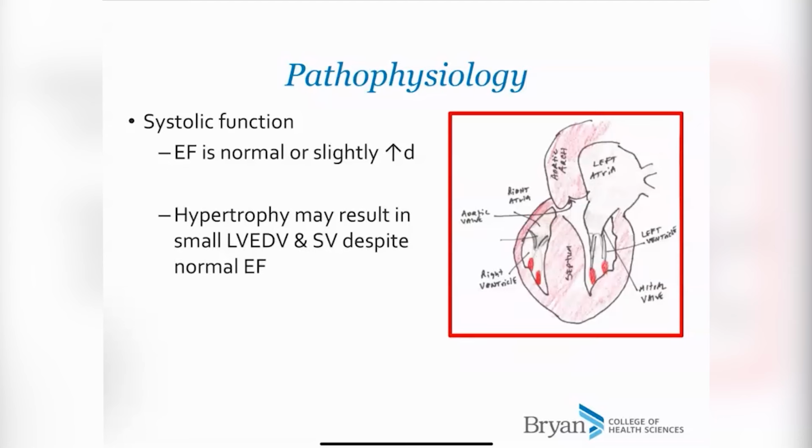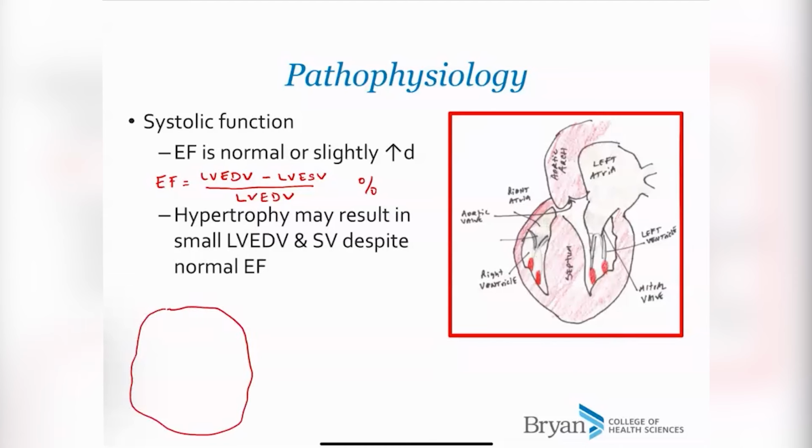If we look at the formula for ejection fraction, ejection fraction equals left ventricular end diastolic volume minus left ventricular end systolic volume, divided by left ventricular end diastolic volume. So this is basically just a percentage. As the left ventricle stretches, it's going to accommodate a certain amount of volume until it gets full.